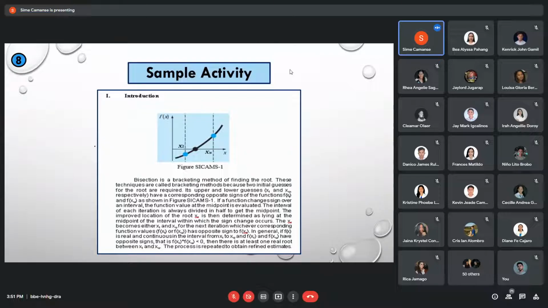So first, you will create a cover page of your own. Your cover page will include three important details: the title of the activity, the name of the student, and the name of the instructor. You can choose your own format for your cover page, since it will be graded, make it nice, whatever picture you like, as long as there is a visible title, for example, bisection method, or linear using bisection method as the title.